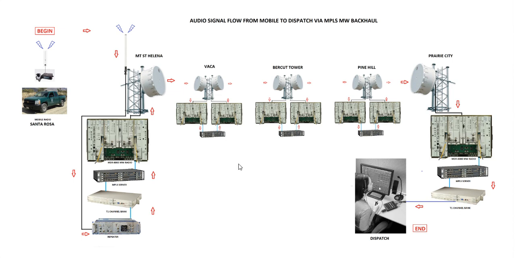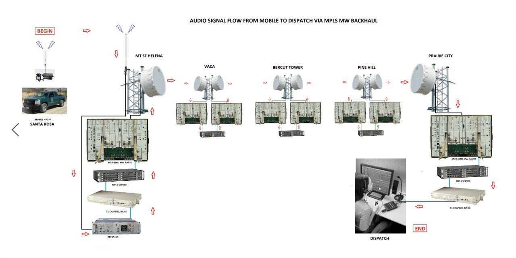So I want to start off with coming over to this section right here, this initial section where we begin with an officer out in the field, and he needs to talk to dispatch.